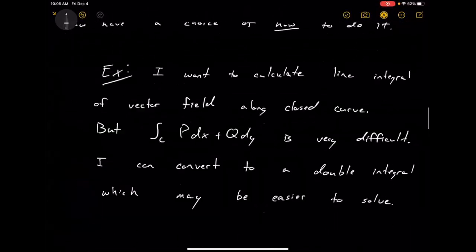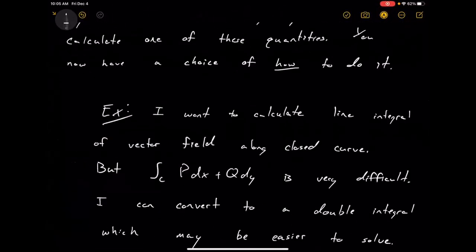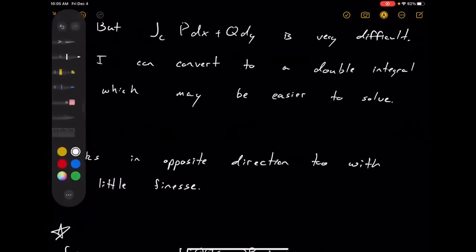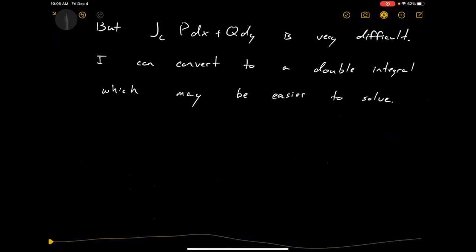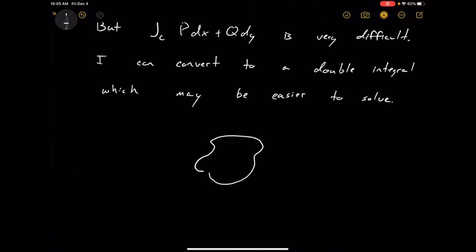A quick note, maybe some of you have already spotted this. We're talking about line integrals on these closed curves, curves that look like this. Now, if our vector field F is conservative, what do we know about this line integral? It's going to be 0.